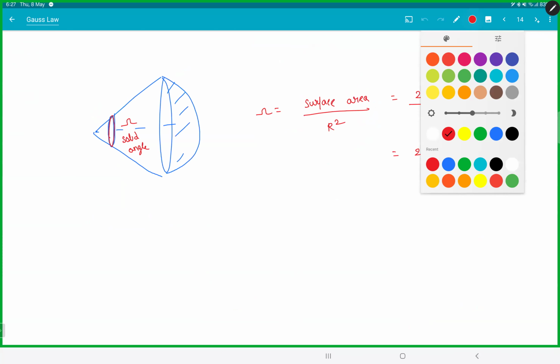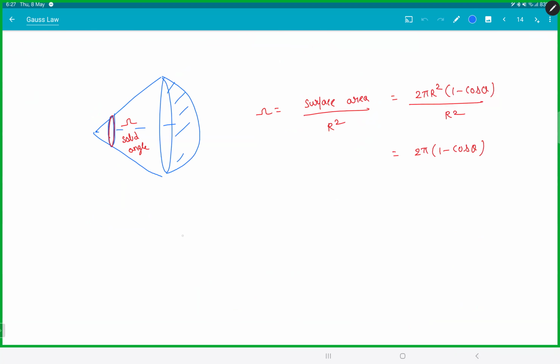Now, can someone tell me what is the difference between integral dA bar and integral mod of dA bar? For a sphere, what is the answer for these two?